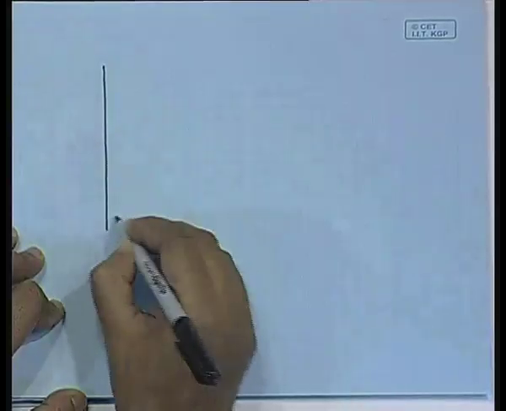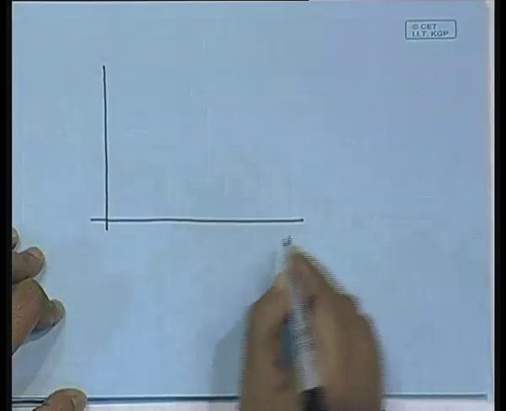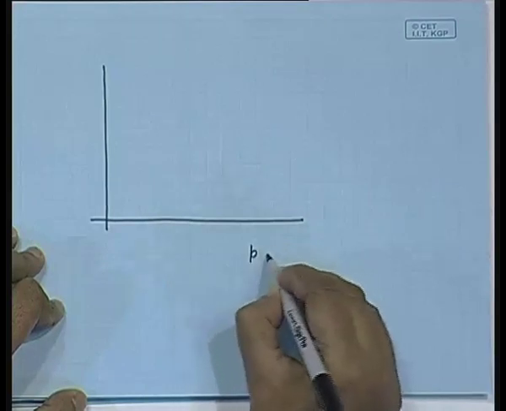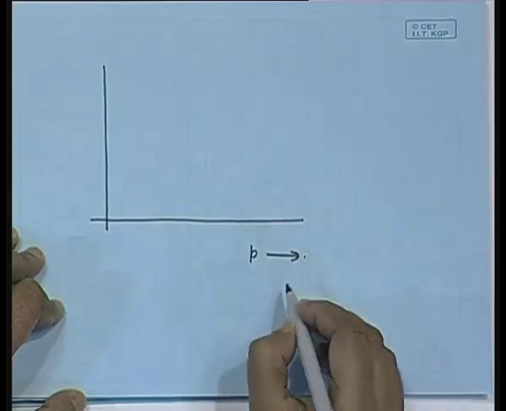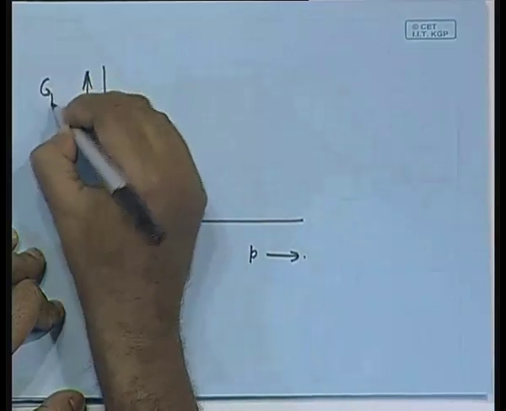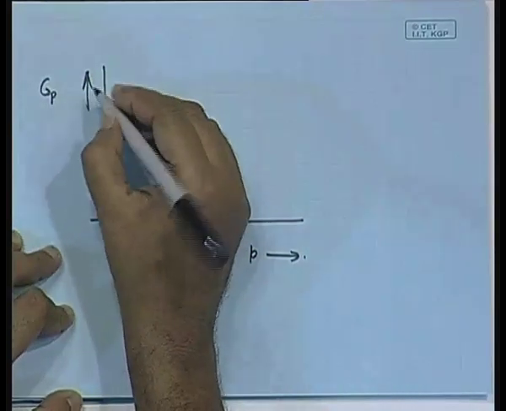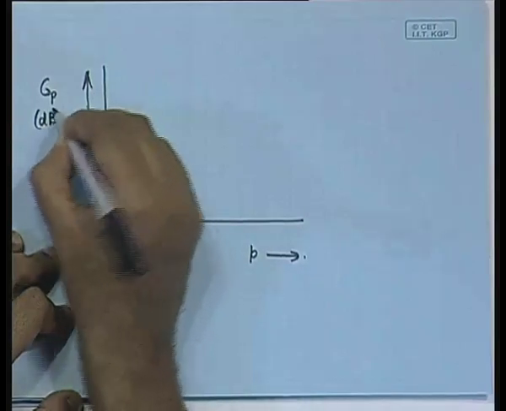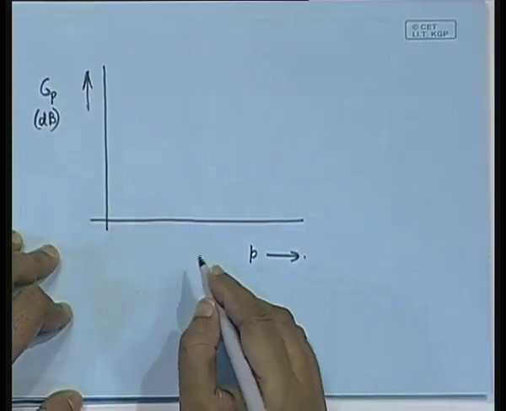One is using the fixed prediction where the alpha values are fixed once and for all, and the other is the adaptive prediction that we just described. The curves are obtained somewhat like this: on this axis it is p, that is to say the number of coefficients, and on this axis we plot the predictor gain GP in dB.